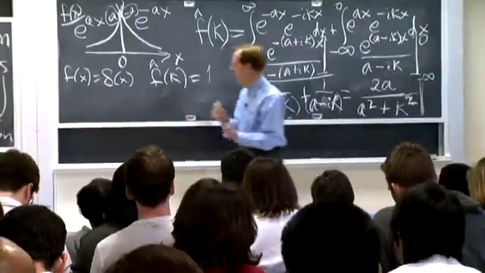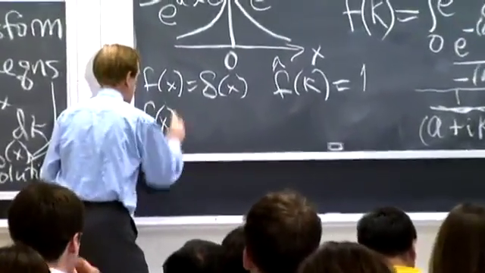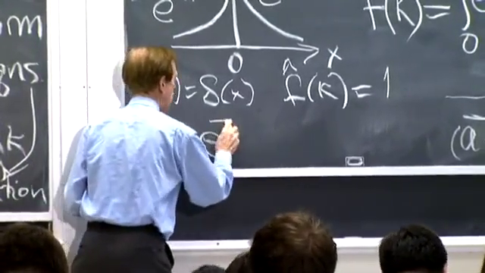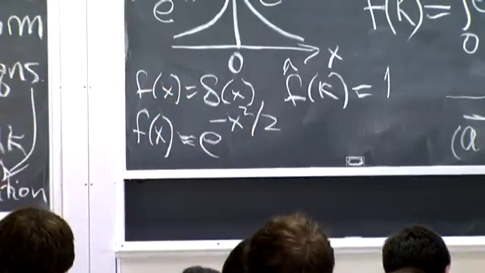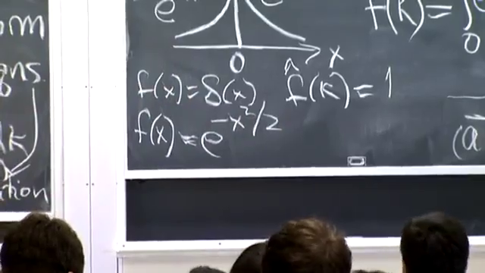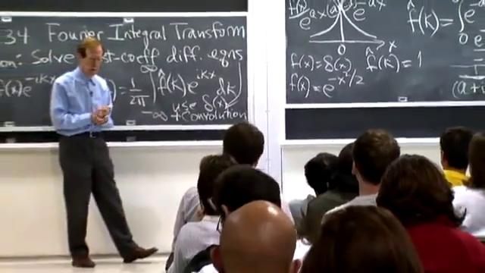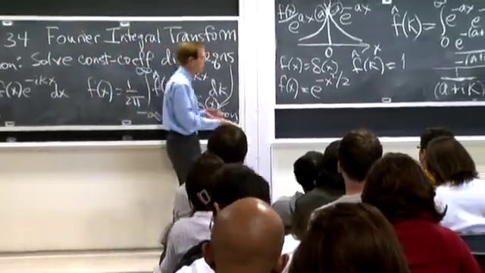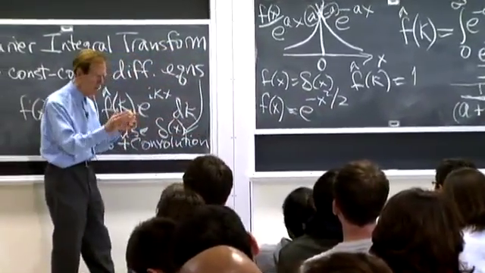Then there's one more, it takes a little trick to do, but it's a very neat one. f of x is e to the minus x squared over 2. You recognize that as an important function, e to the minus x squared, or it usually has that e to the minus x squared over 2, or sometimes an e to the minus x squared over 2 sigma squared, a rescaling.